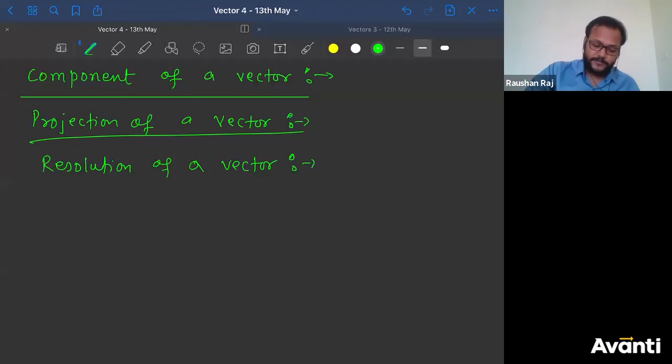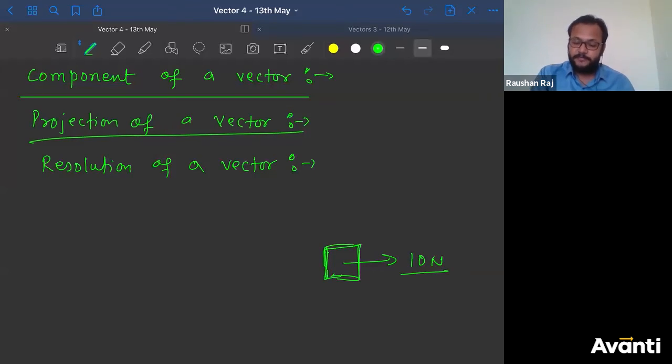Swati, just consider if you are having a block like this. If your younger brother is applying 10 Newton force in rightward direction, in which direction should you apply a force so that net force on this block is 0? Batao Swati.